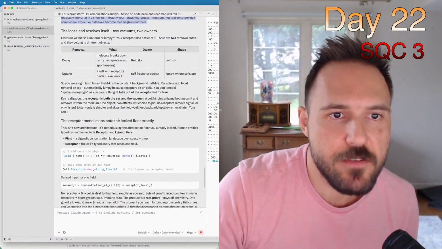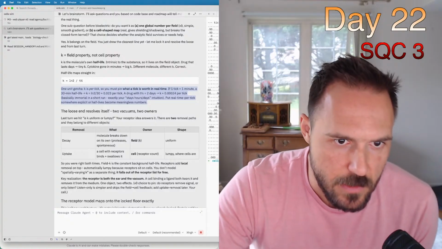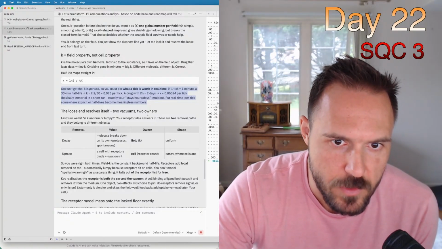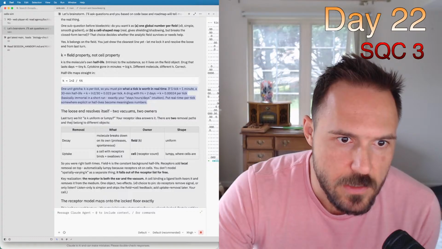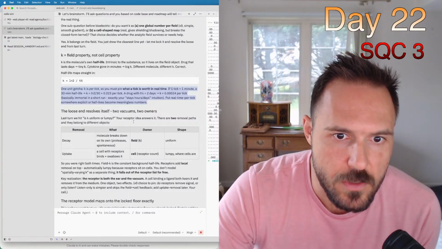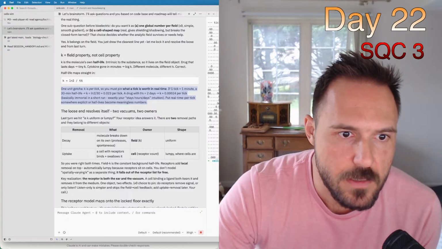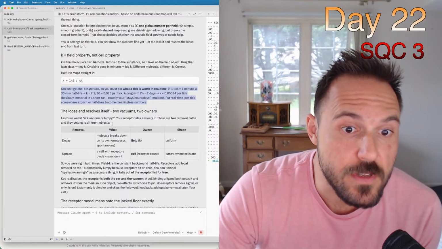I have so many questions. I don't know in what order to ask them. The loose end resolves itself. 2 vacuums, 2 owners. Last turn we hit: is K uniform or lumpy? Your receptor idea answered it. There are 2 removal paths and they belong to different objects.